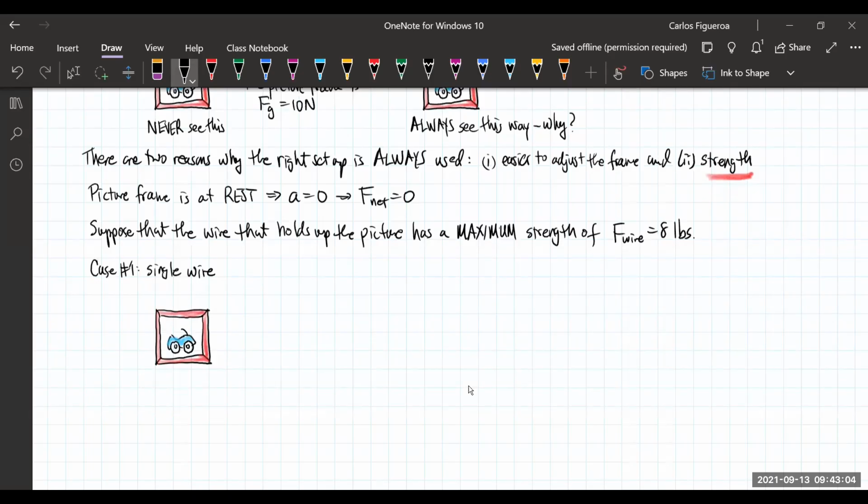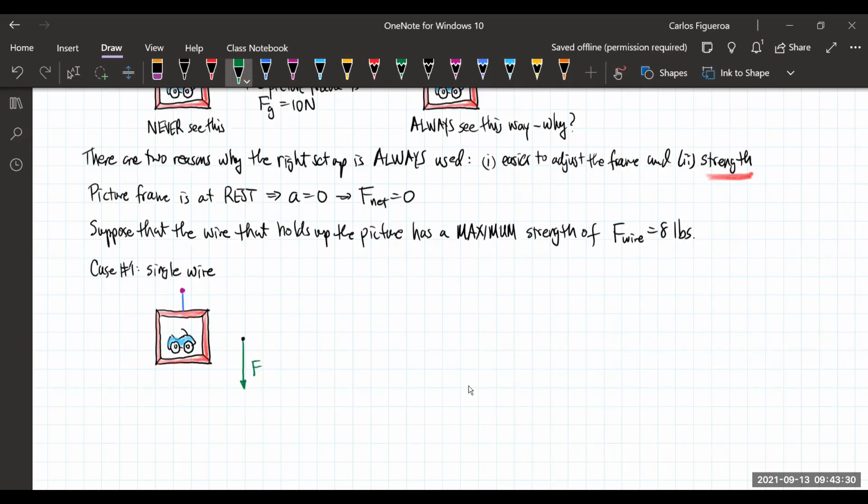So when I have a single wire like this, what really happens here? Well, here's the nail, and then here's our little wire. So when you look at this thing, look what happens. When I look at this, our picture frame weighs what? It weighs 10 pounds.